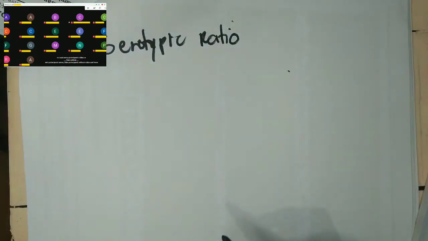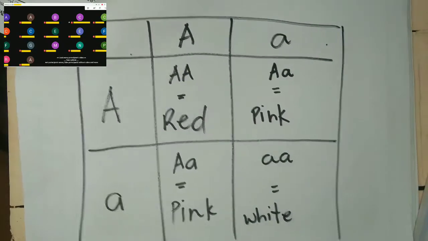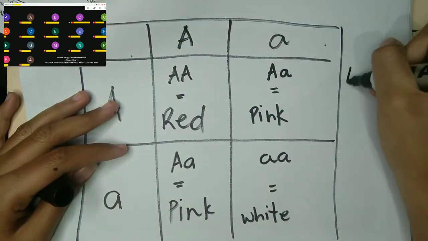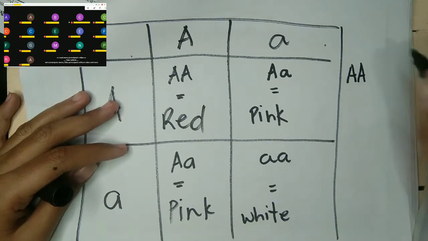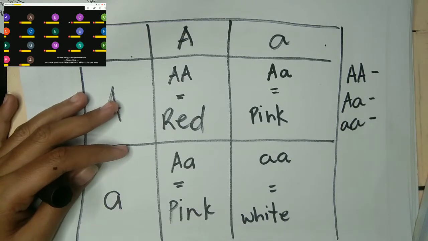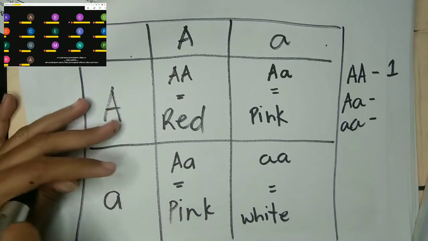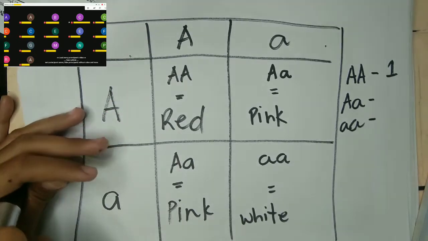So, let's go back to our Punnett square. We have to tally all the results: the red, the pink, and the white. How many double capital A are there? We have one result.